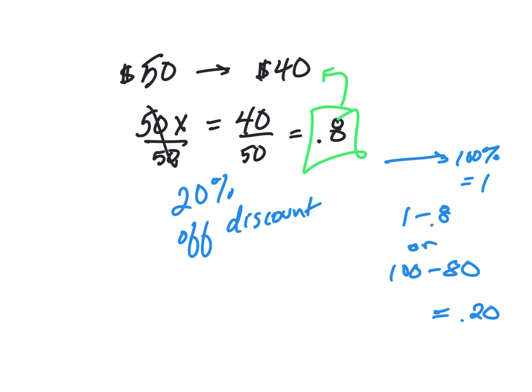Okay, let's do one more example of each. So let's say that something was $40 and now it's $62. So you'd say, all right, 40x equals 62, so x equals 62 divided by 40.